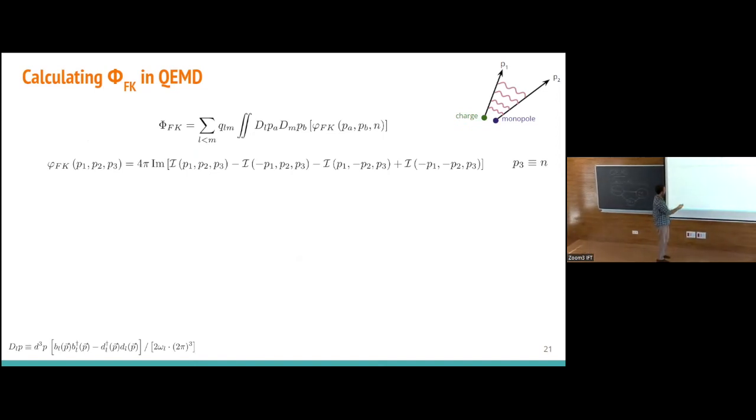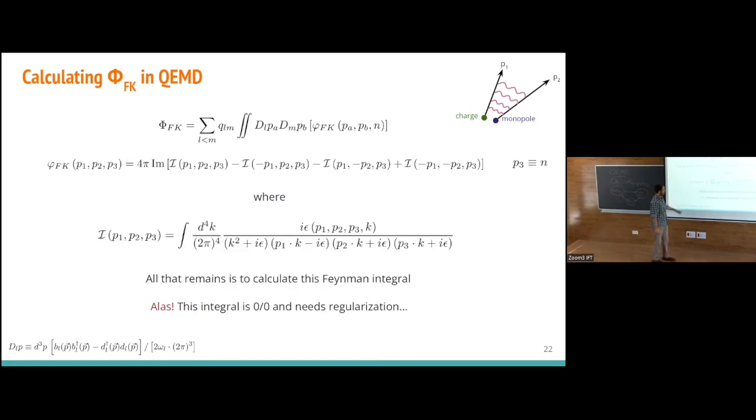I have an integral which just picks up the different momenta of the particles involved in my theory. This is the definition of this factor. It just means that if I have several momenta going in different directions, I keep picking up this one and then calculating the integral between the two of them. And finally, I have this integral, which is basically the imaginary part of the Feynman integral symmetrized over the different directions in the problem. And this is the Feynman integral.